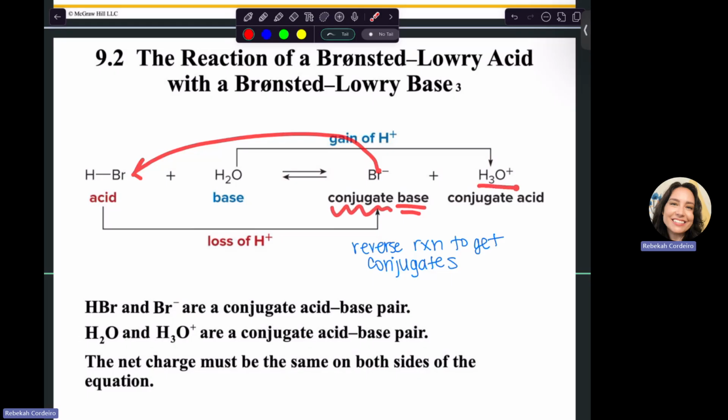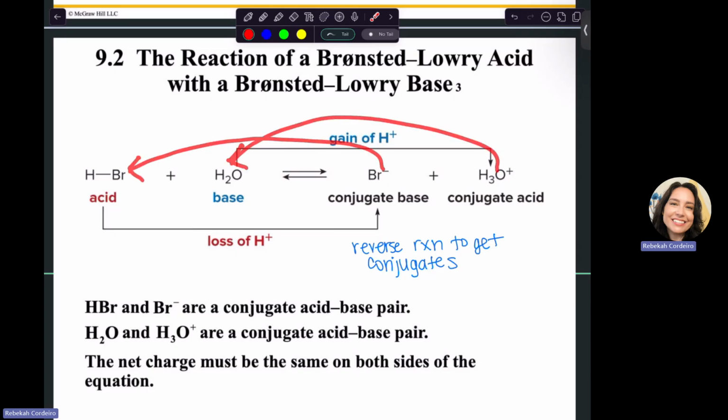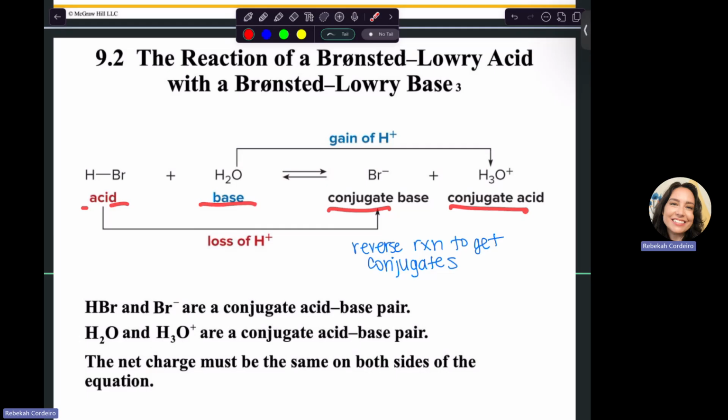The H3O plus is losing H plus to turn into H2O. So that's acting as an acid. It's donating H plus, but it's not the acid of the reaction, it's the conjugate acid. So if you reverse the reaction and think about what am I doing going right to left, you can still use the jobs of acids and bases to identify your conjugates. Just make sure you know that the real acid and base are on the left side and the conjugates are the products. They're on the right side.